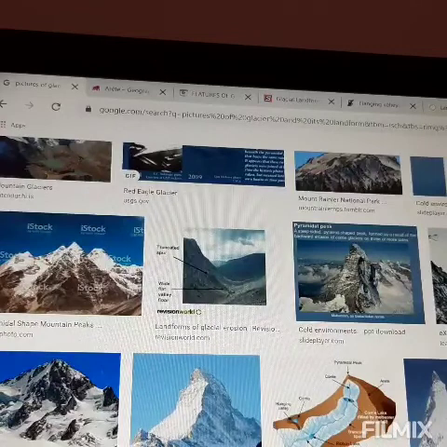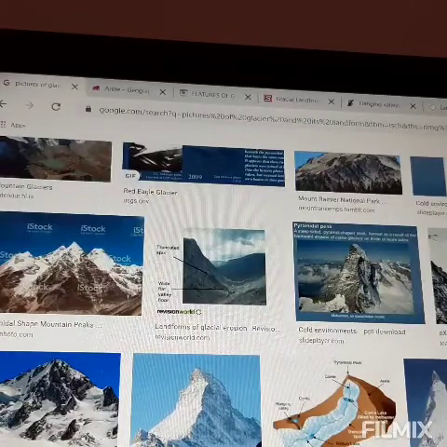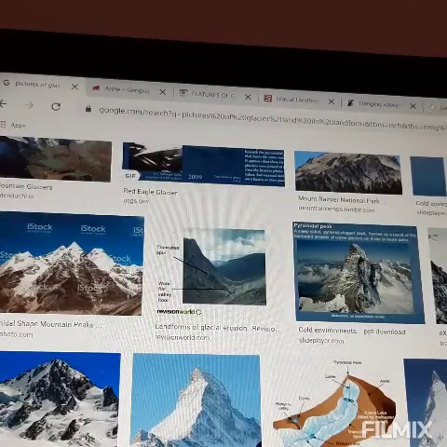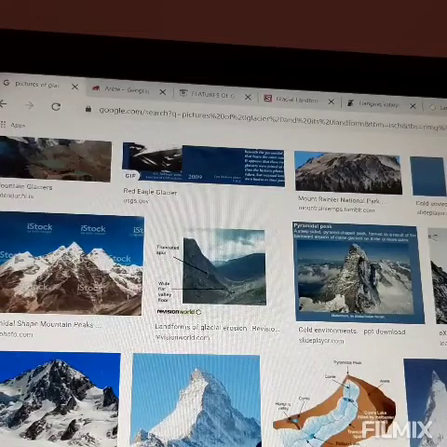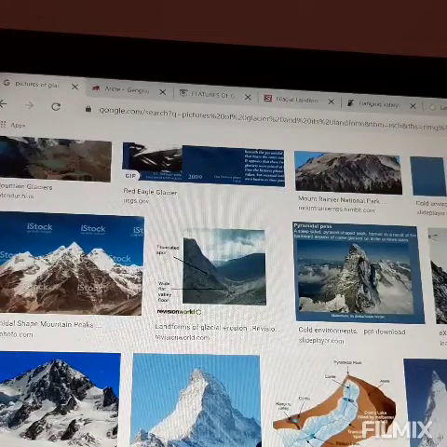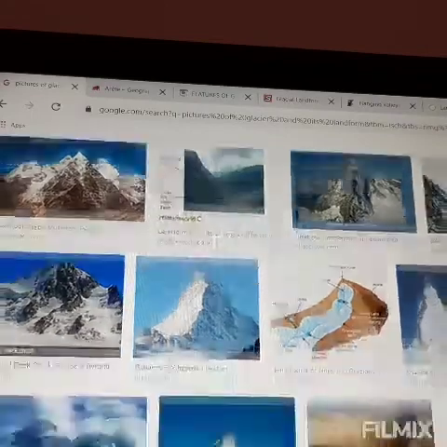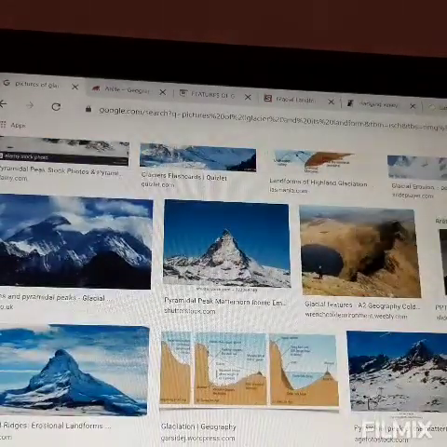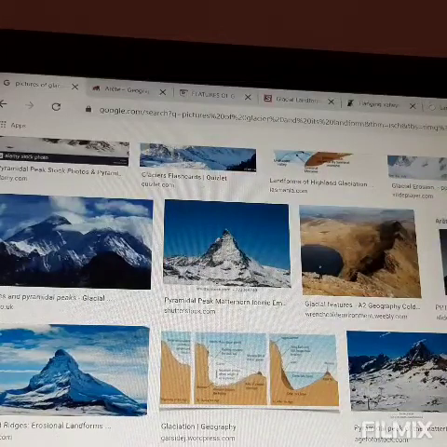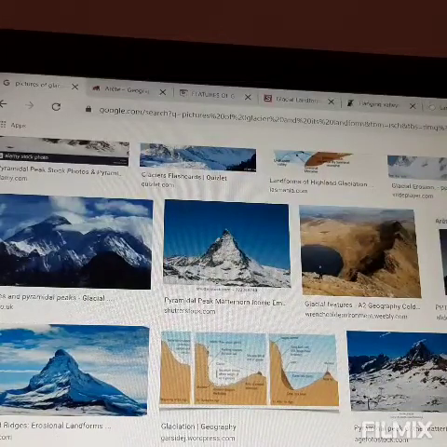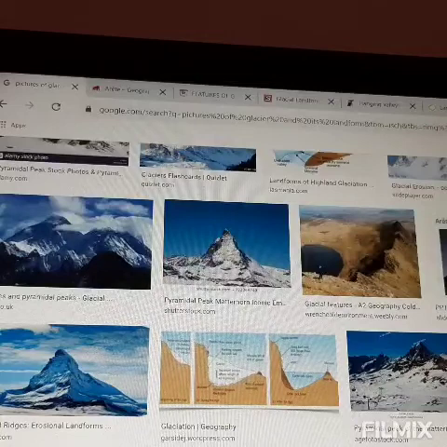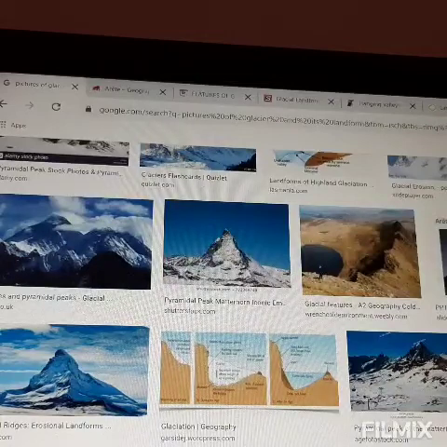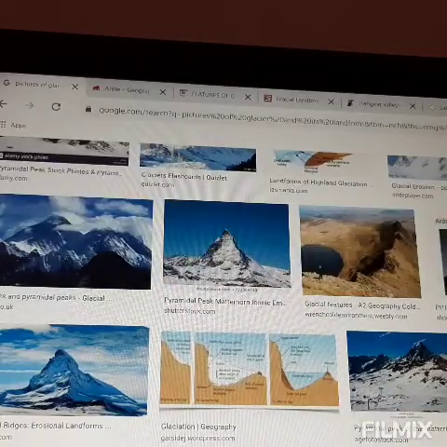And here you can find a number of aretes, and here you can find the lake formed in the corrie, those hollow areas.